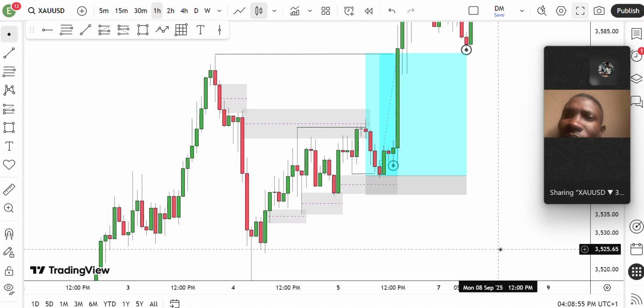If you have a zone of interest from maybe 4 hour and you want a better entry because you have to refine your entry so that you don't risk too much, you can go to like 30 minutes, then you find a very good and better entry there. That means you reduce the amount of risk that you use and you get better reward for your trade. So that's just the way it is.